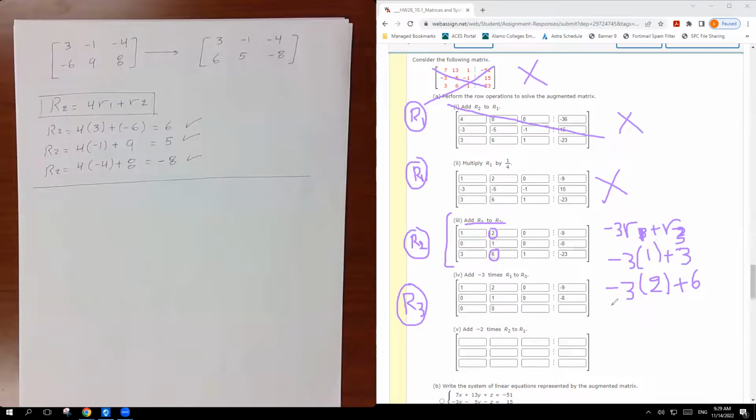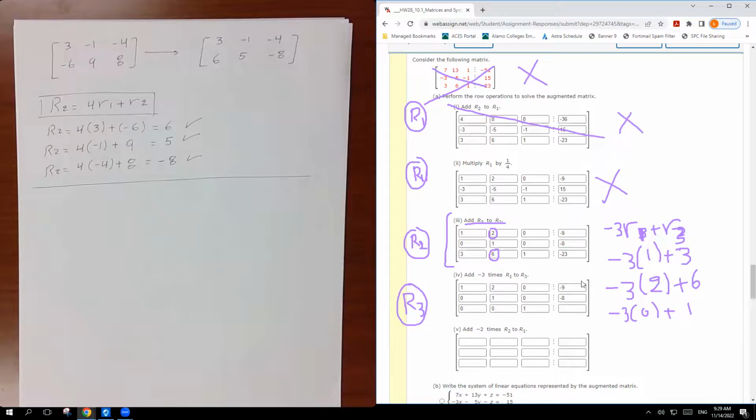Now the third row is going to be negative 3 times R1, which is 0, added to R3, which is 1. So the result here is going to be 1. Now we have to keep going.